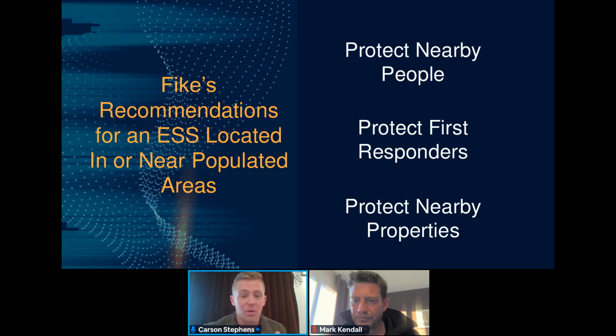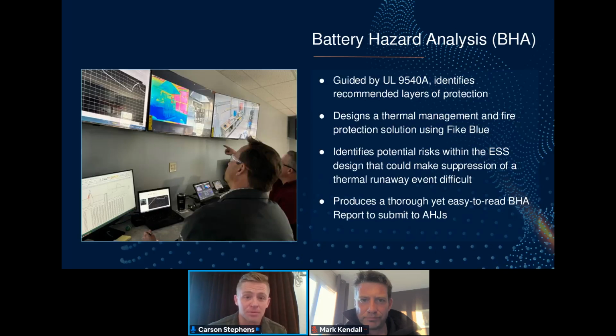That way you're not in the middle of New York City at Times Square with people having to evacuate city blocks and now you're on the Today Show. You know what I mean? So the idea is you need to understand what risk factors are in play for your application, and protecting nearby properties is one of the things that should be considered if you're going to put this by people.